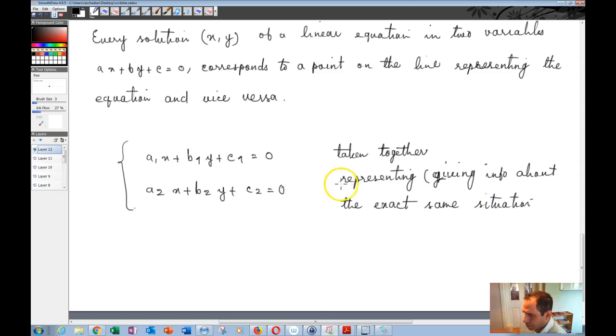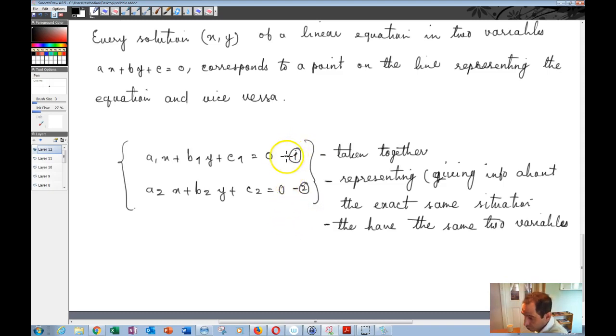Okay, so what that means is that they are about the exact same situation, and they have the same two variables. For example, the variables in equation number 1 are x and y, and the variables here are also x and y.